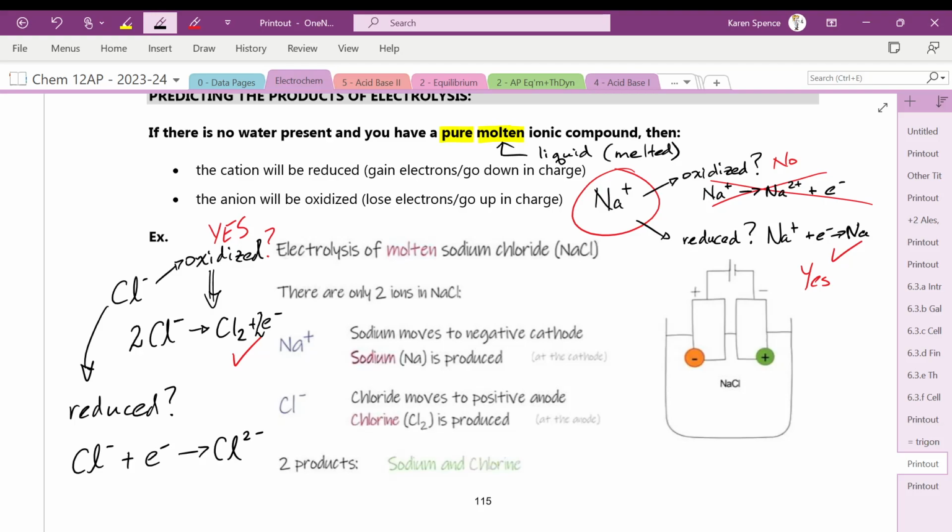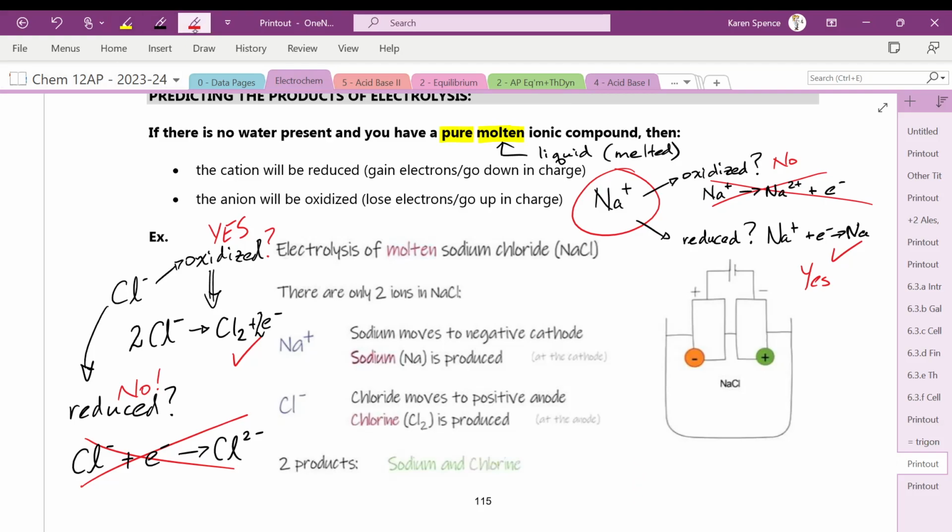Is that a thing? Nah. It's just not a thing. No. So when you have a molten salt, you've got a metal ion. The metal ion will get reduced. The non-metal ion will get oxidized. No choice. Very straightforward. Okay?